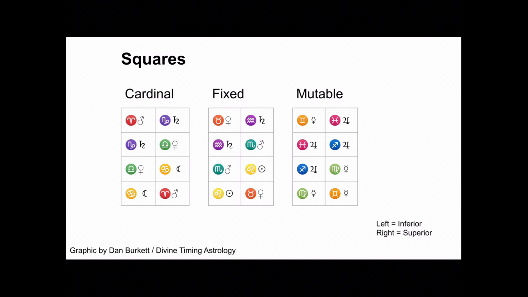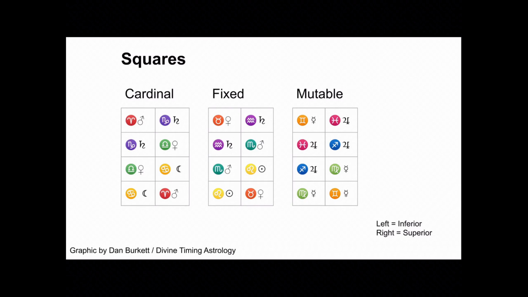If you look over, you've got the luminaries for fixed and cardinal. What do you have in mutable? No luminaries, but Mercury playing a more pronounced role. In mutable, you have more of a binary thing going on between Mercury and Jupiter, and with cardinal and fixed you've got more of a multiplicity happening, but the luminaries are there.